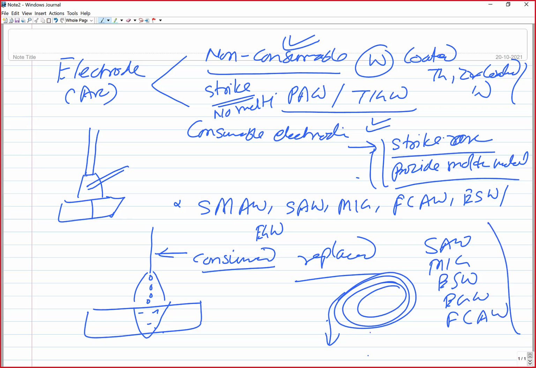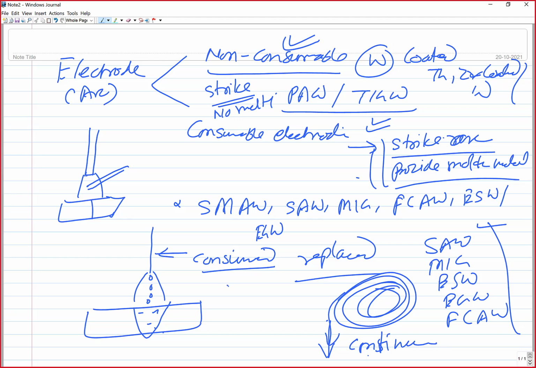In all these processes, a very lengthy electrode wrapped in the form of a spool is used to feed the electrode to the welding process. This helps to develop the weld continuously. You can weld in meters without needing to replace the electrode.